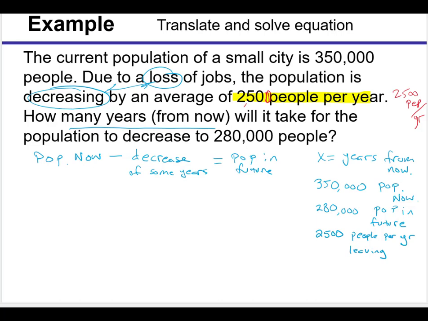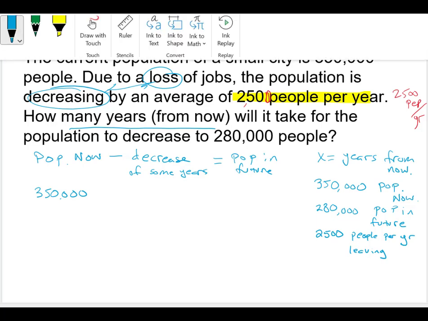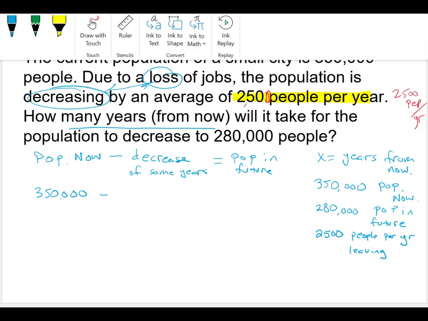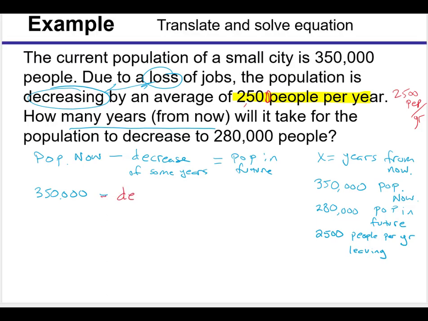Because I know the population now. It's 350,000. The decrease, though, that I'm not sure what's going on with the decrease yet. So I'm going to hold off on that.